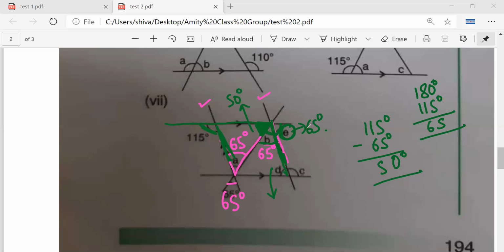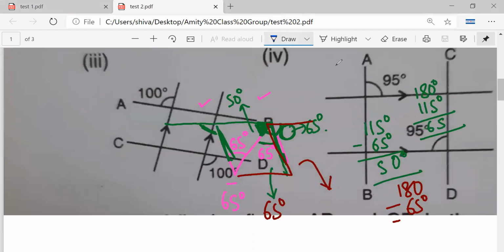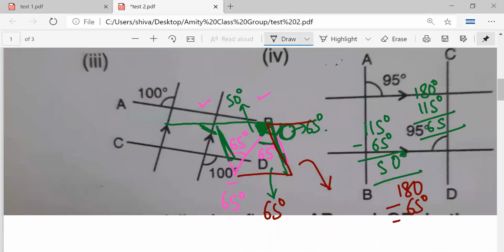So 65, because this is a Z. Mr. Sarthak, this would be 115 degree. This would be 115 degree. Any doubt?